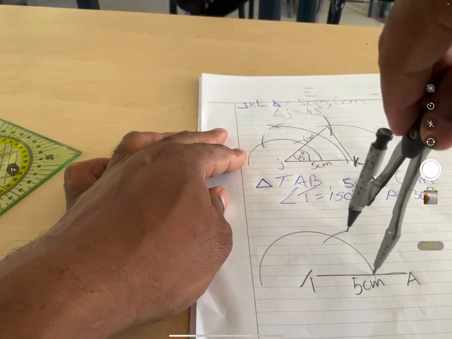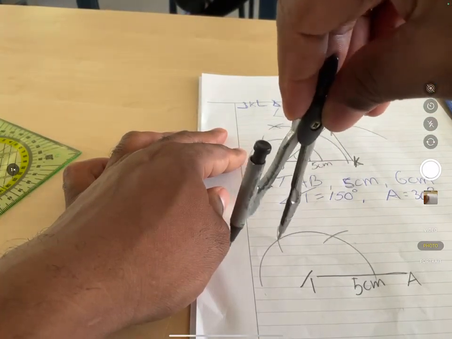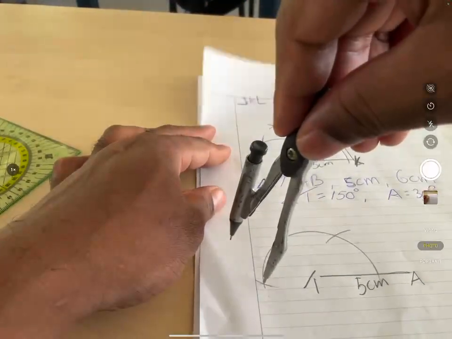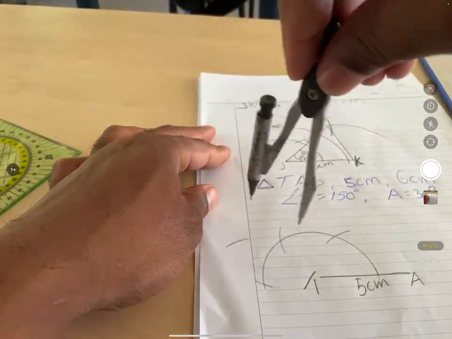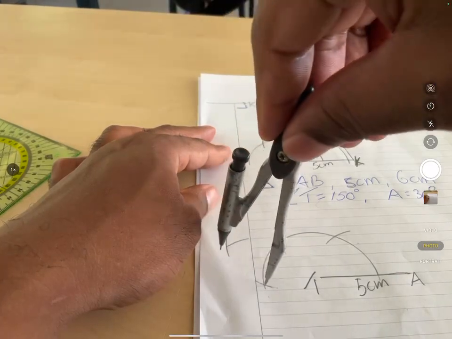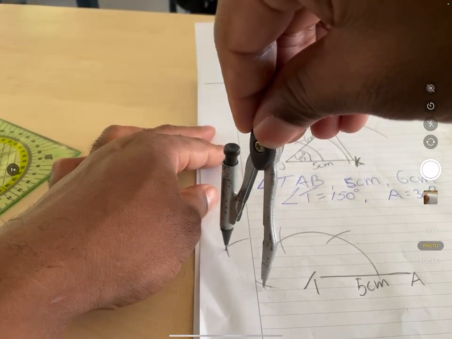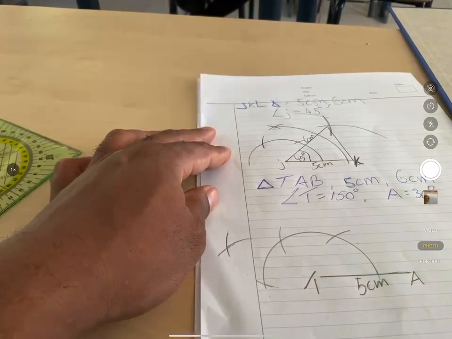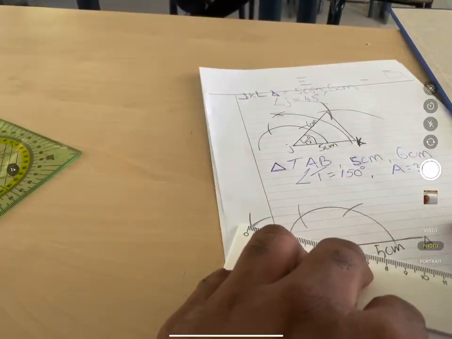We have 60, 120, that is 180. Here, it's 150. That is 6 centimeters.